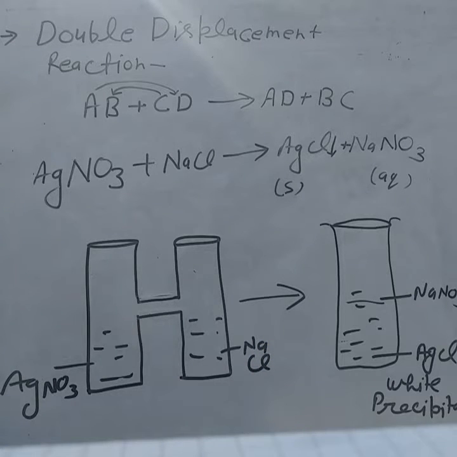After some time, you will see the formation of a white precipitate in the test tube. In the lower side, it shows the white solid precipitate of AgCl and an aqueous solution of NaNO3. This reaction shows the interchange of AgNO3 and NaCl.